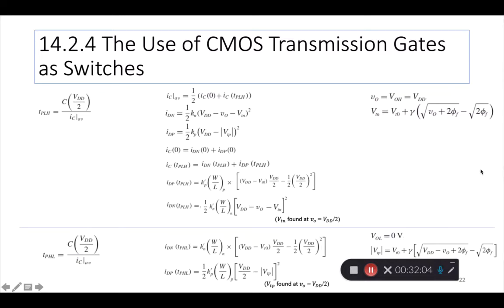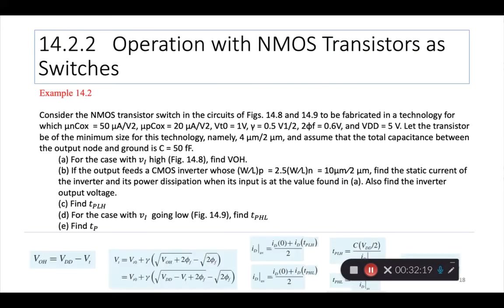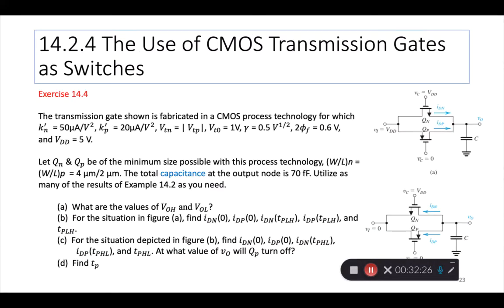Okay. All right. So there is an example here, which is actually exercise 14.4. There is one example 14.2 for just the NMOS, and then there is an exercise for this, and it's a complicated exercise. There are so many things to find.